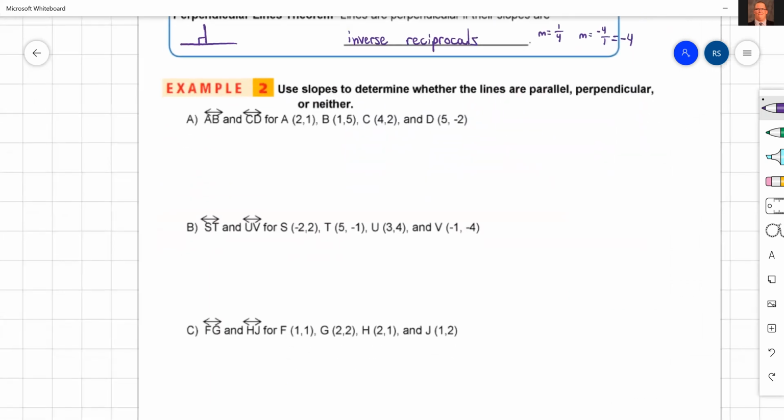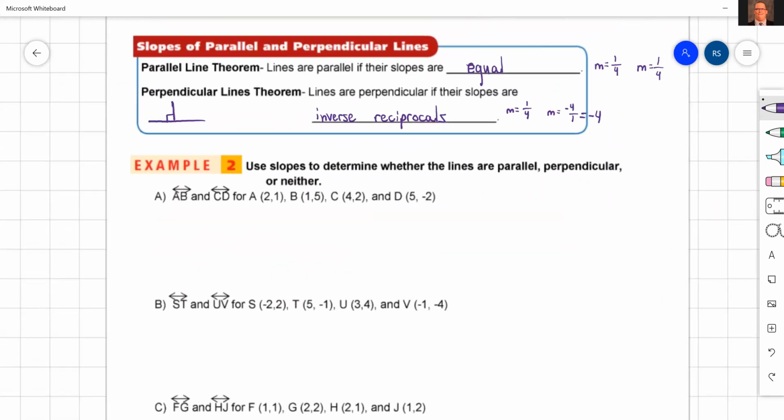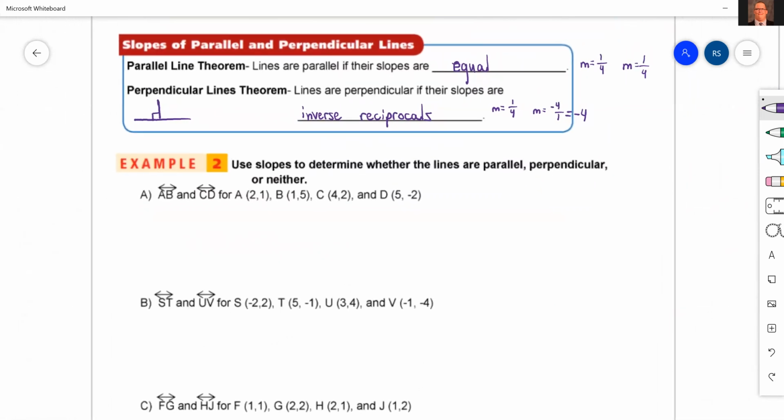So let's use that on this next example. We have to determine whether the lines are parallel, perpendicular, or neither. So the first one they ask us about is AB.